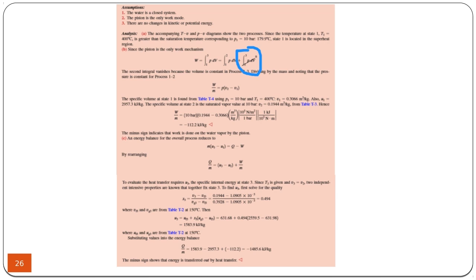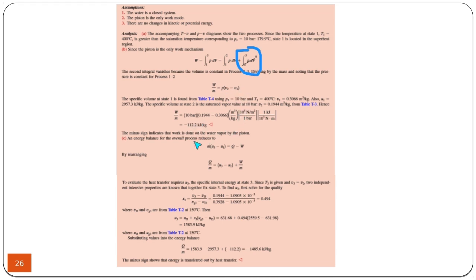So the work per unit mass is, because the pressure is constant during the compression, it goes out of the integral. So the work during the process 1 to 2 is P times V2 minus V1.